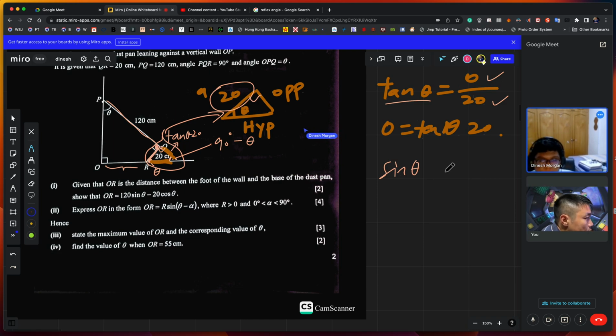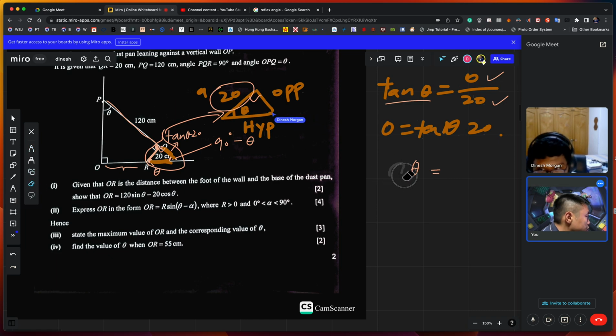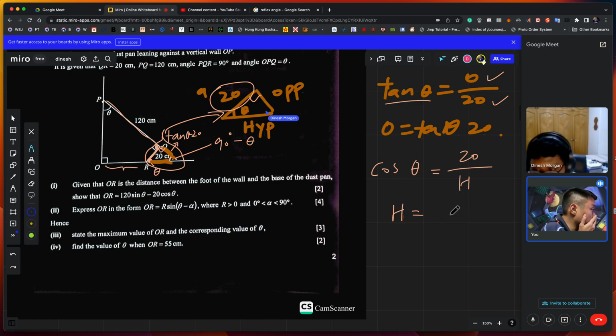Therefore sine theta is O over H. No, I need to use cosine. A over H, where A is 20 and H is what I need to find. So H is equal to 20 over cosine theta, which is this.